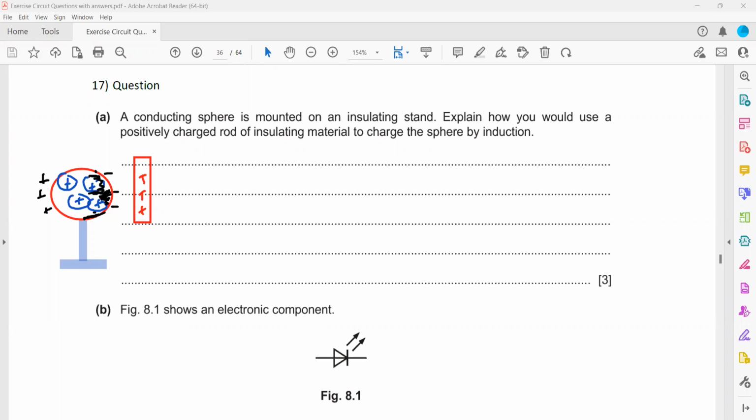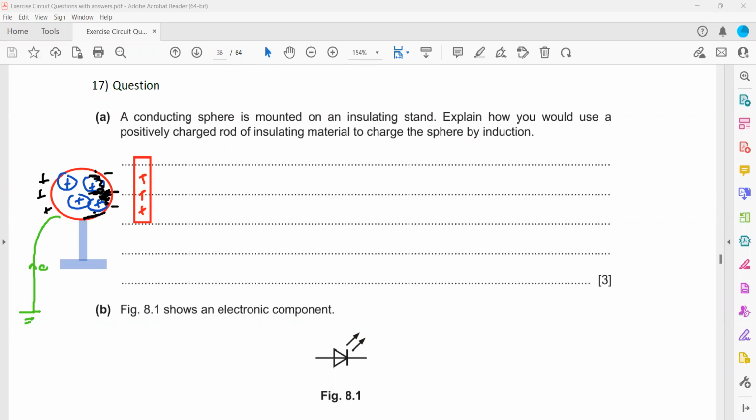Then we connect an earthing wire. The moment we connect an earthing wire, what will happen? As we bring the positive charge close, it will attract the electrons from the earthing, allowing the electrons to move. As a result, most of the sphere will be negatively charged.